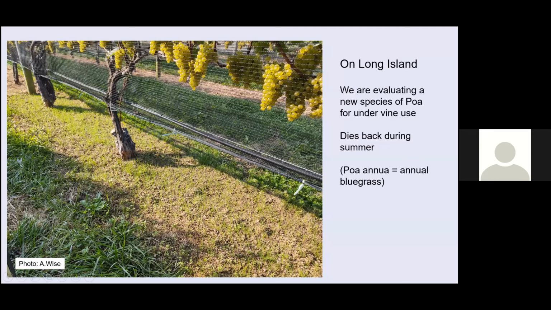So this is a plot. We seeded some demo plots in my vineyard last year, and this is how it came up. And so we're hoping that that can strike kind of a happy medium between keeping most weeds at bay and maybe not providing too much competition during the growing season. To be continued.